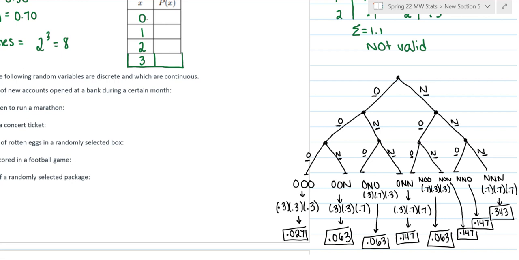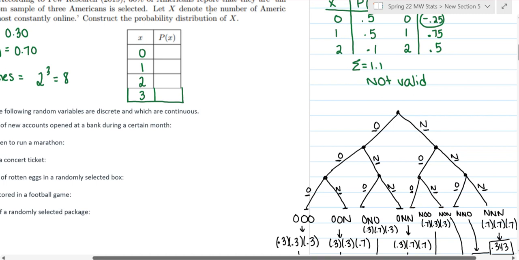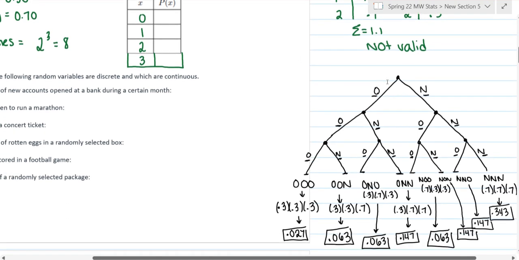Okay, so X denotes the number of Americans in the sample that report to be almost constantly online. So if 0 of them report to be almost constantly online, then which one is that?